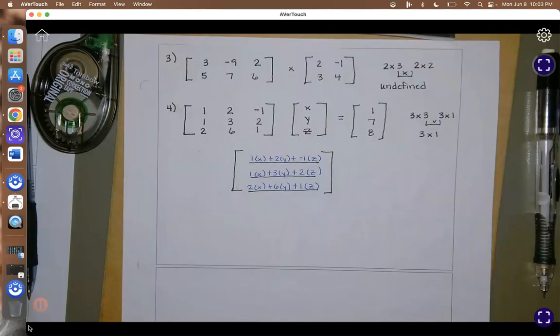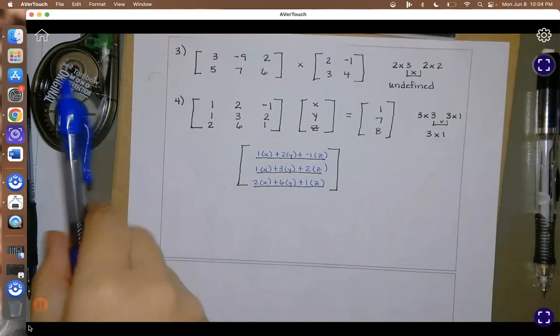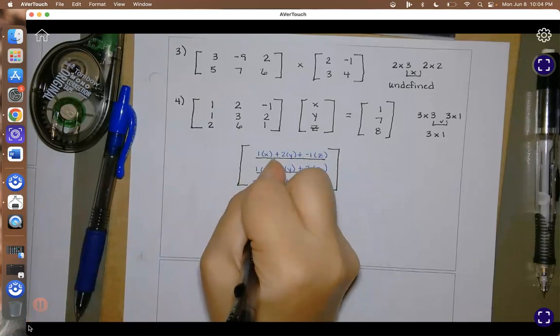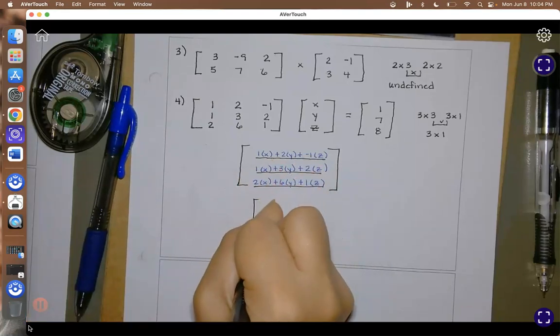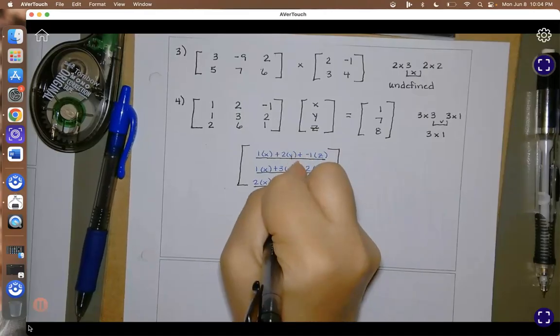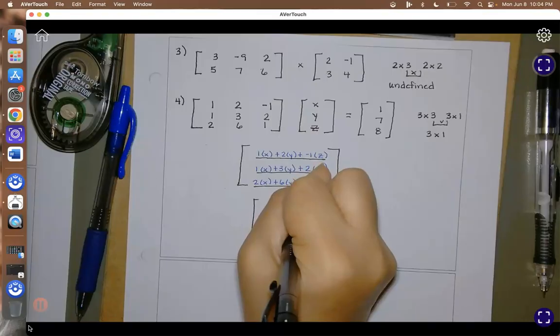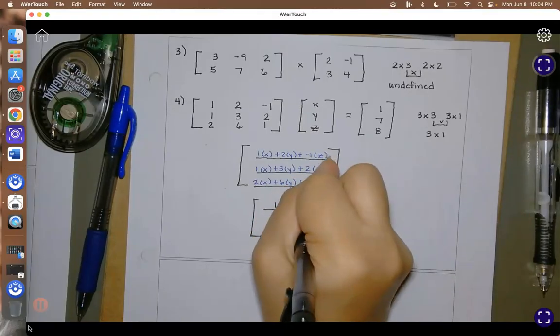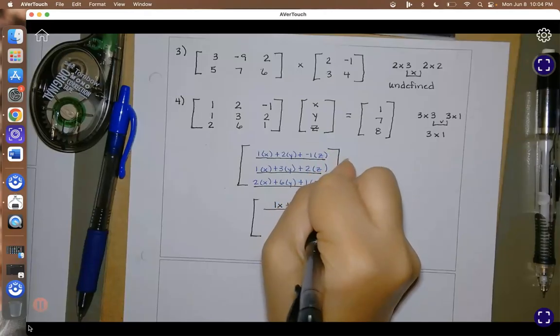And you're like, well, what are we supposed to do with that? Okay, so what this looks like is 1x plus 2y minus 1z.